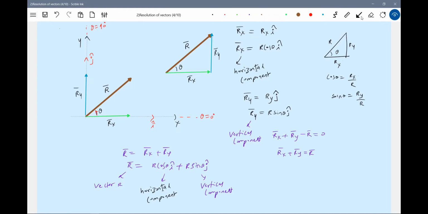So what is the rule here? The horizontal component will be along the theta equal to 0 degree line. What about the vertical component?